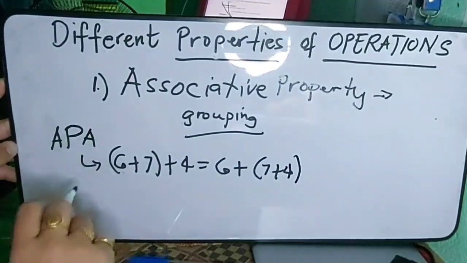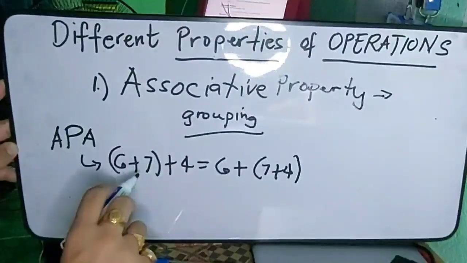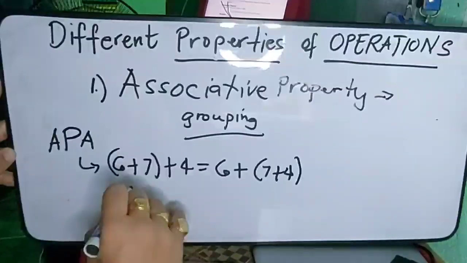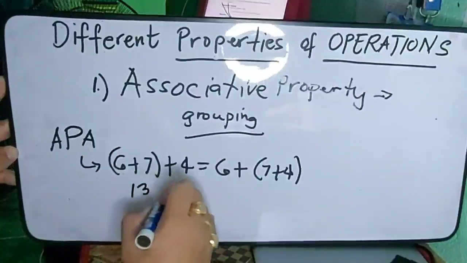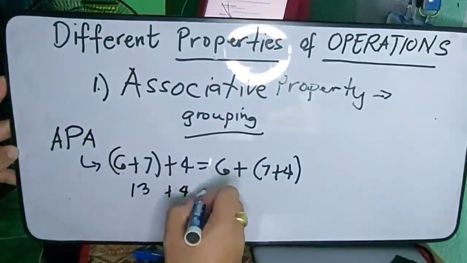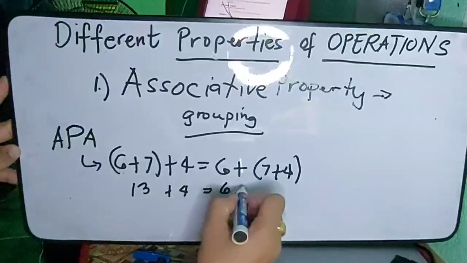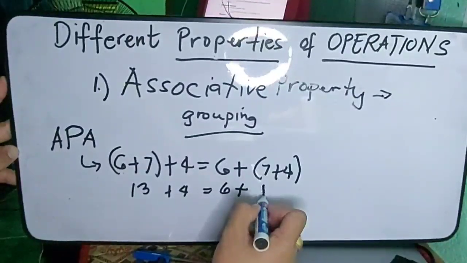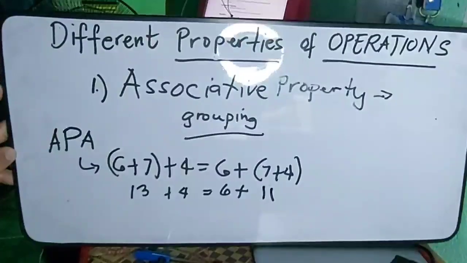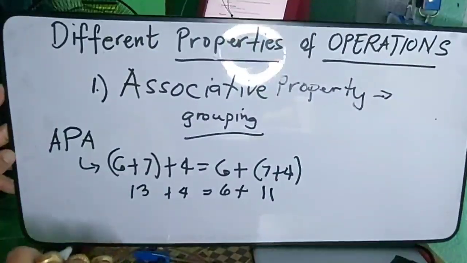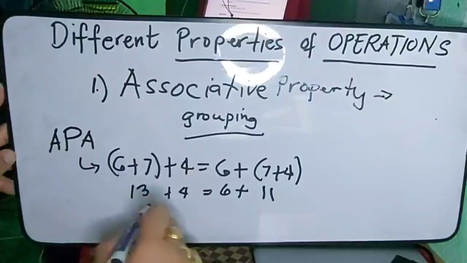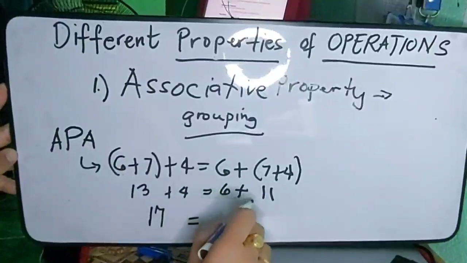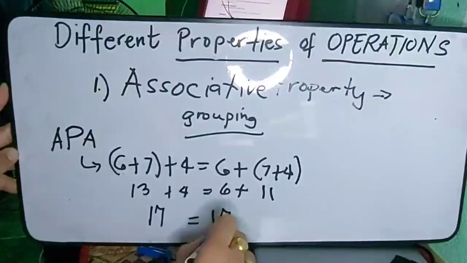Let's perform. 6 plus 7, what is the answer? 13. 13 plus 4 is 17. Now the other grouping: 7 plus 4 is 11, and 6 plus 11 is 17.